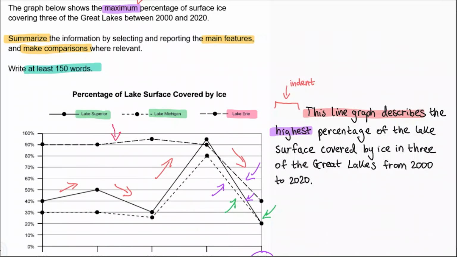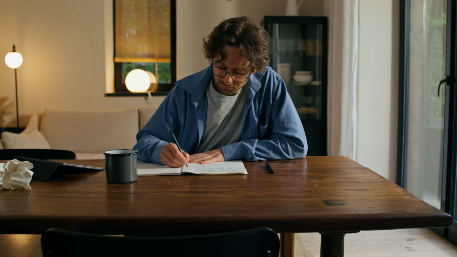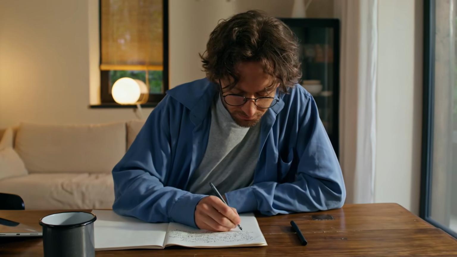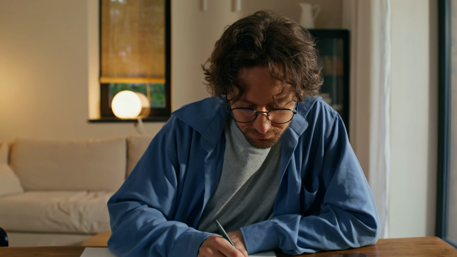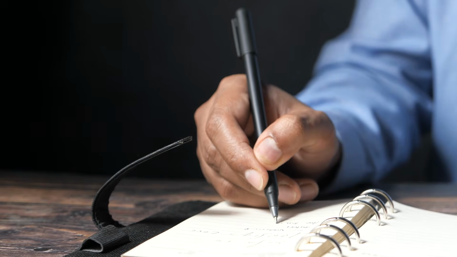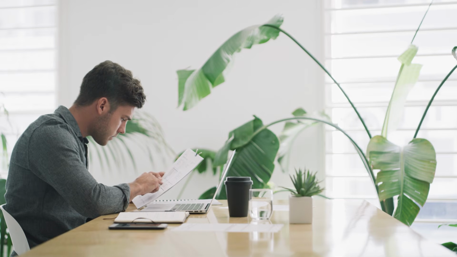The prompt says percentage of surface ice covering 3 of the Great Lakes, and I wrote percentage of the lake surface covered by ice in 3 of the Great Lakes. Changing the word order is a type of paraphrasing. This shows the IELTS examiner that you understand what the question is about. Here, many of the words are the same, but small changes show that I understand the question and am not just copying it.